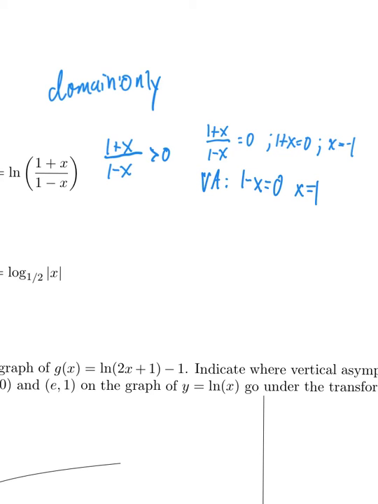So I need to check between and beyond. So let's start with this. There's the graph, there's -1, there's 1. There are two options here. If I want to decide whether it's bigger than 0 or less than 0 to the left of -1, I could plug in -2, or I could try to plug in -10 trillion.